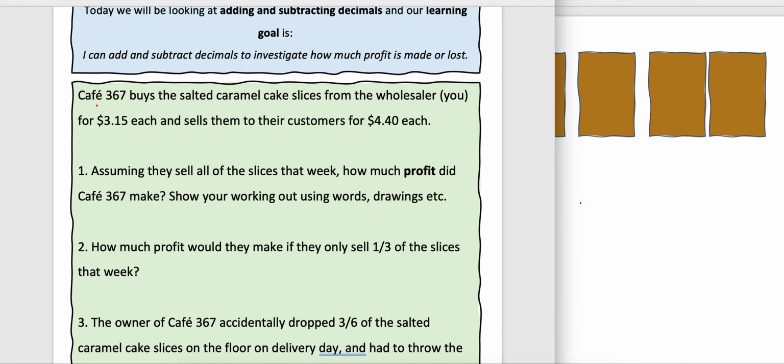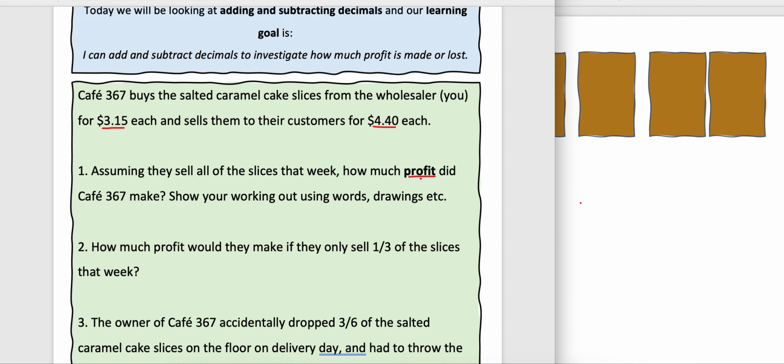So Cafe 367 buys the salted caramel cake slices from the wholesaler for $3.15 each and sells them to their customers for $4.40 each. Assuming they sell all of the slices that week, how much profit did Cafe 367 make? Okay, so these are our important parts that I'm underlining. And you're going to show your working out using words, drawings, and of course you can use numbers as well.